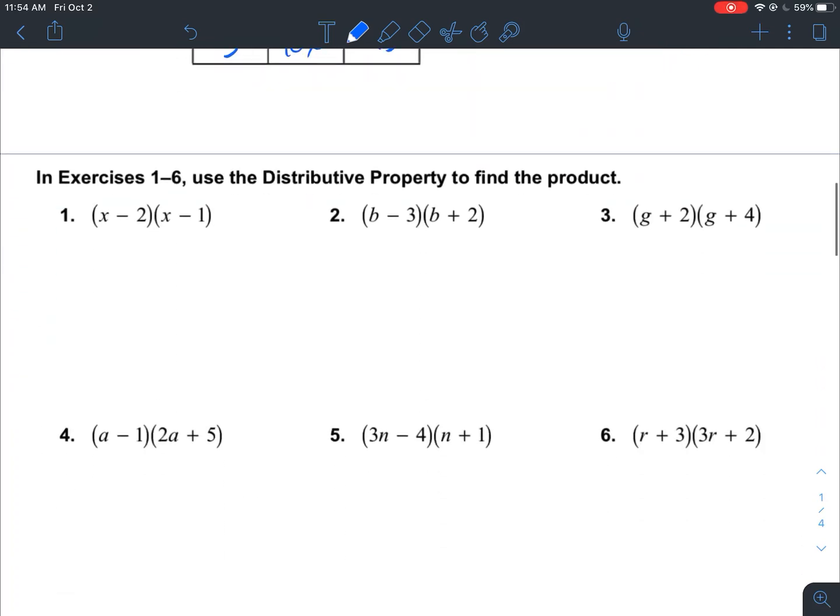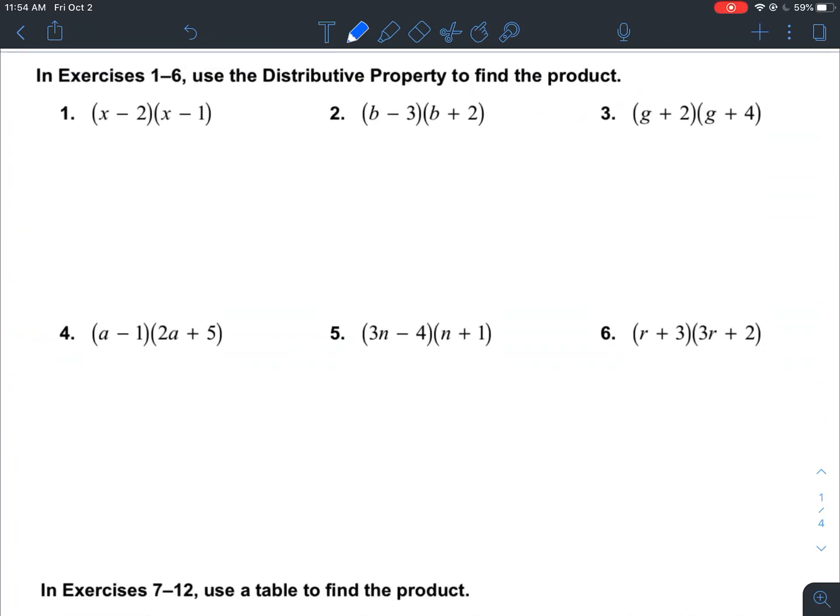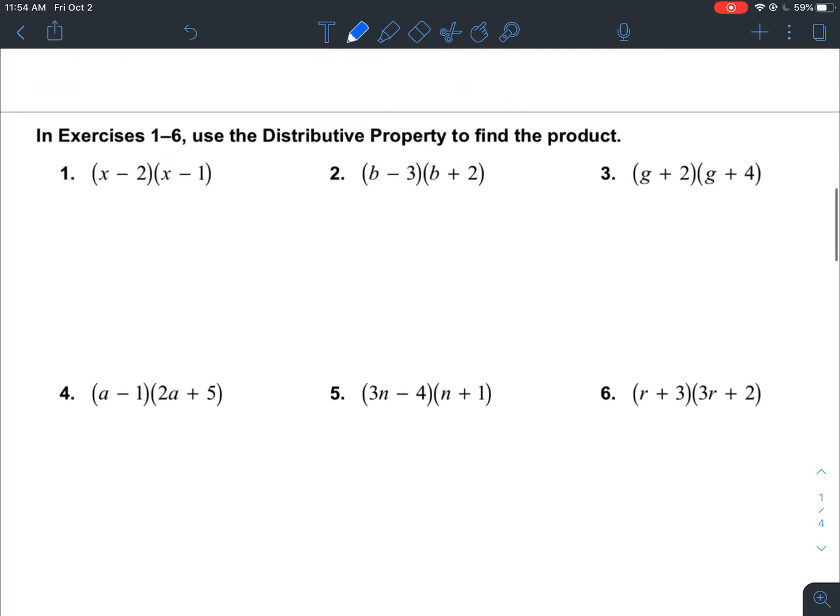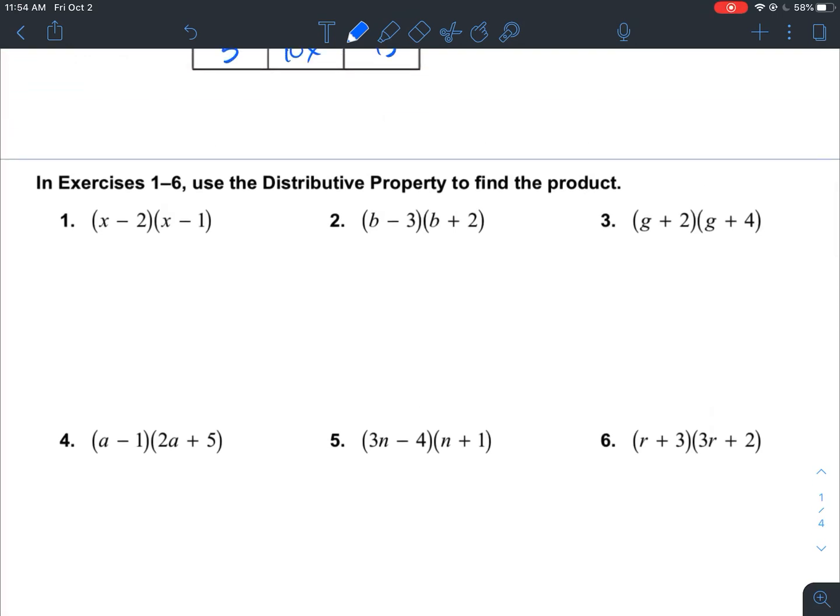So I want you to go through this and just practice your ability to problem solve. So I'll help you with the first one. So this is the distributive property. So if we take x and multiply it with the other binomial, and then take -2 and multiply it with the other binomial and distribute those.